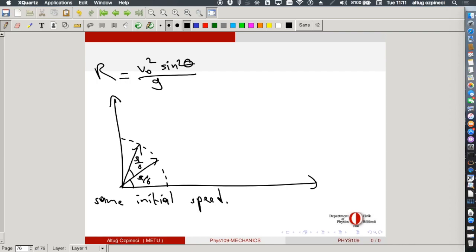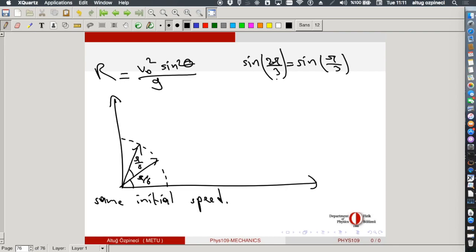What can you say about the ranges? They will be the same. Because you see, one of them is sine of 2 pi over 6 or pi over 3. The other one is sine of 2 pi over 3. And since they are equal, these two objects will have the same range.